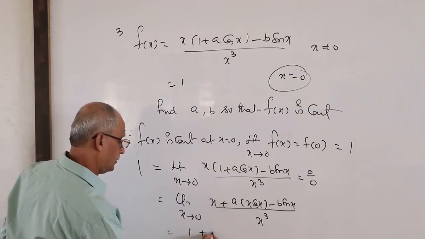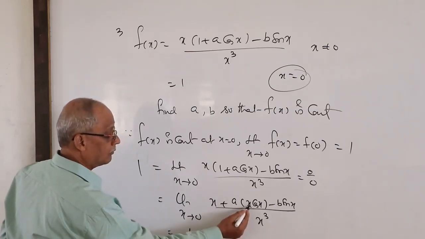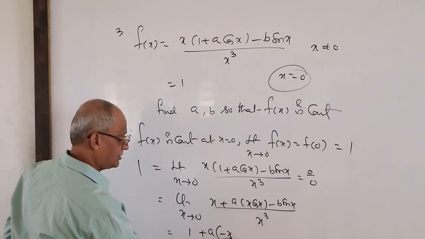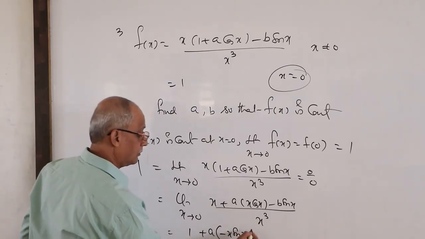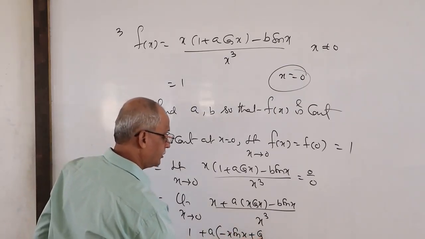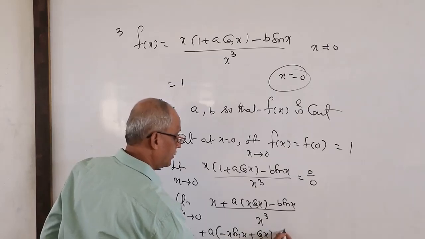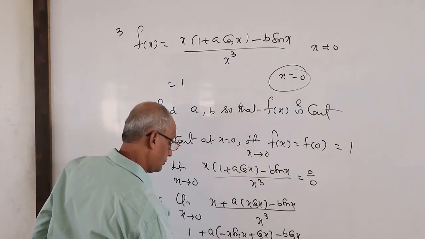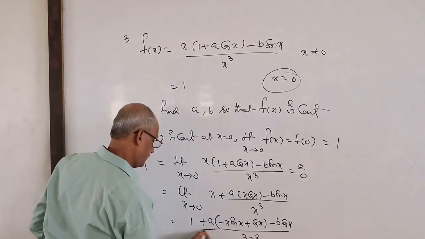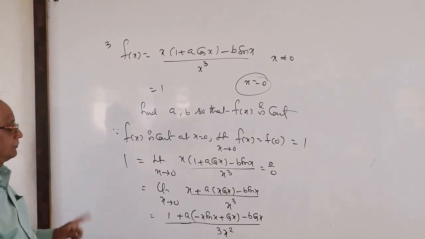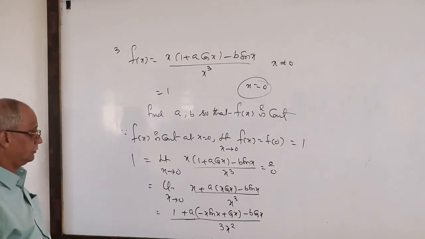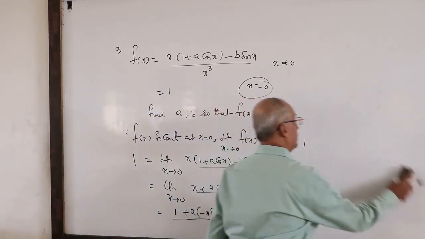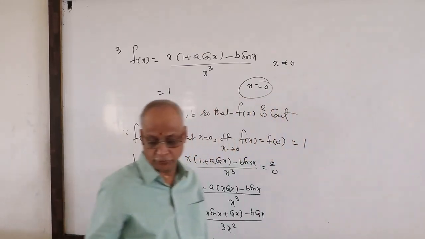1, UV rule, product rule: cos x, derivative minus sin x, cos x into x derivative 1, sin x derivative cos x, by 3x square. Good. Already you know differentiation, product rule, product of two functions. Now you see.